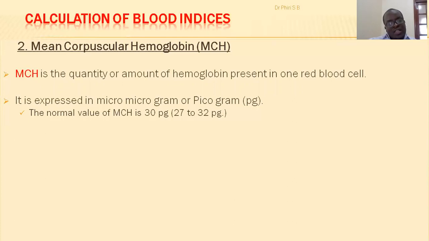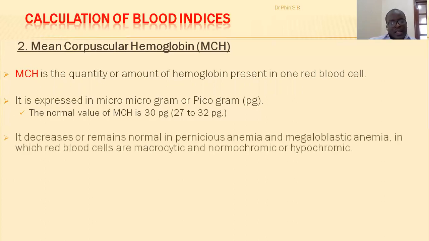How do you differentiate them? By looking at the color of the red blood cell. Those with a decrease are called hypochromic. Those with an increase, hyperchromic. Those with a normal quantity of hemoglobin are referred to as normochromic. You're talking of the color.